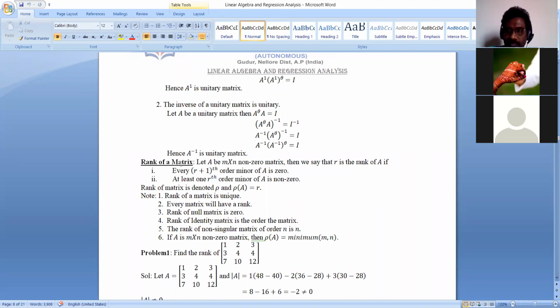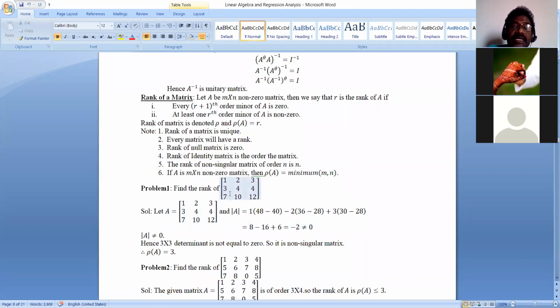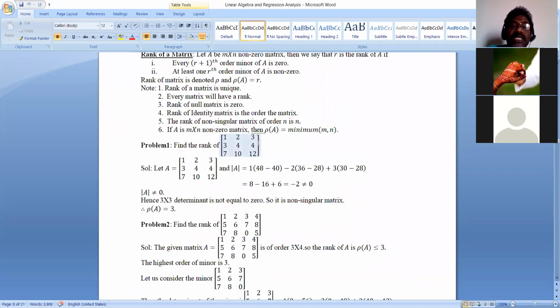For example, consider the 3 by 3 matrix with rows 1, 2, 3; 3, 4, 4; 7, 10, 12, and find its rank.